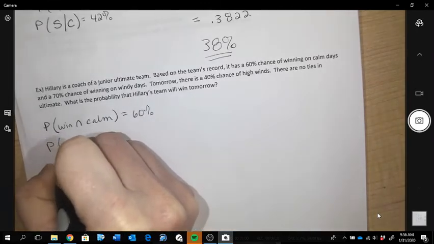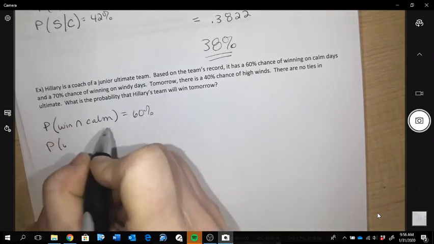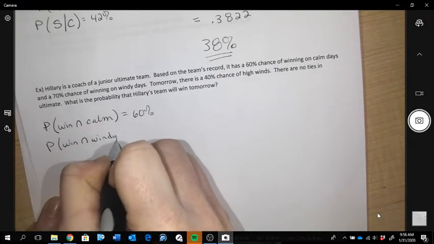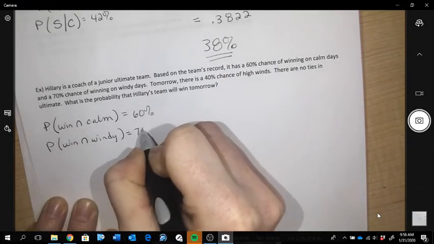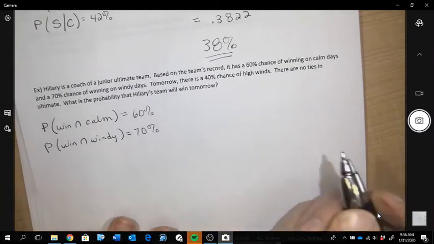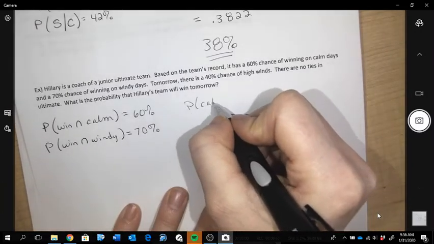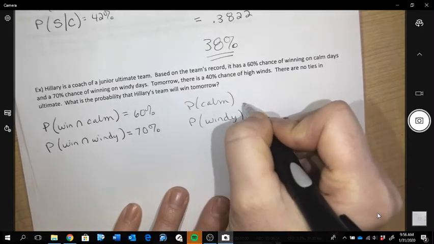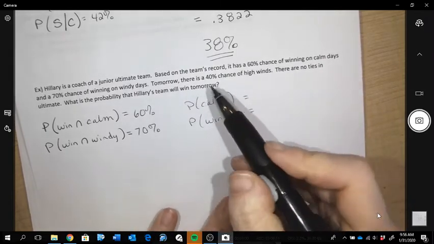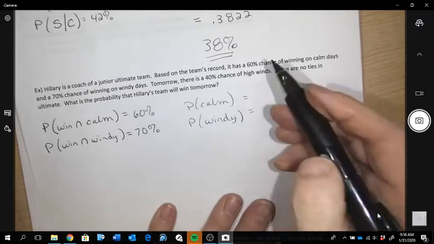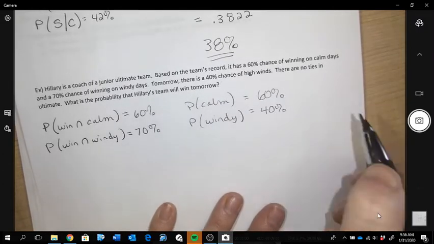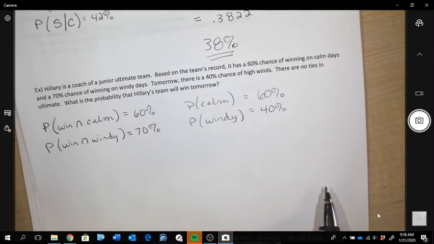The probability that they win and it's windy equals 70%. What's the probability of it being calm? What's the probability of it being a windy day? Okay, so tomorrow there's a 40% chance of high winds. So that would leave us a 60% chance that it is a calm day.